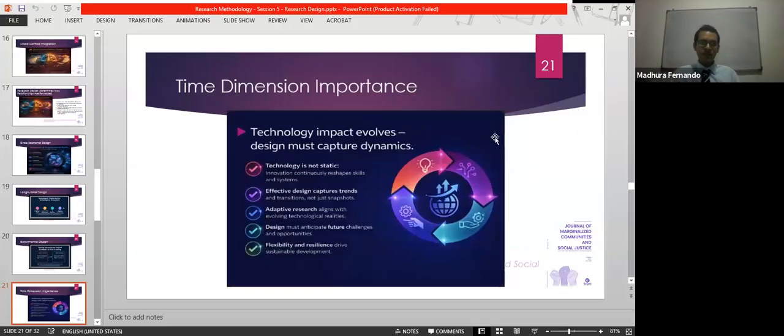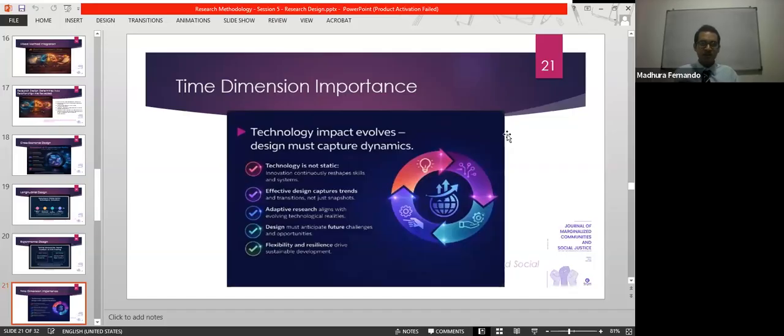And if your design is effective, you can capture the trends, you can get the snapshots, and then you can extrapolate, interpolate, you can predict, you can develop predictive models, right? And you can identify the transitions, technological transitions, the nuances of the transitions. Everything you can capture if your design is effective, right?